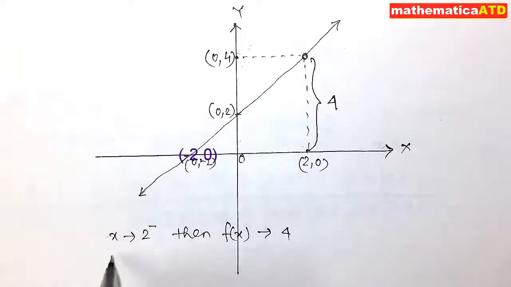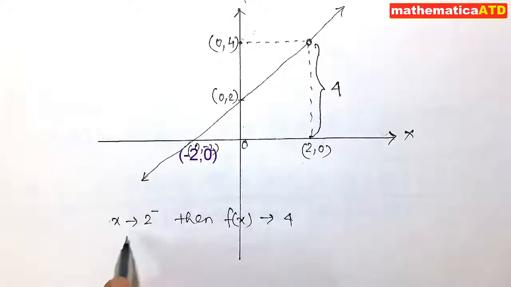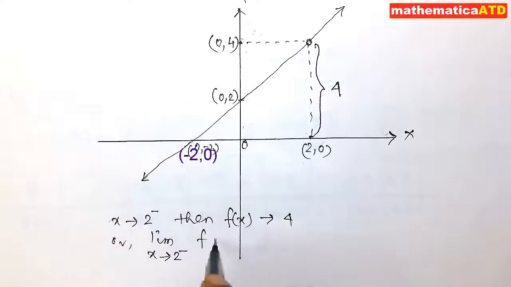So we can write that limit x tends to 2 minus of f(x) is equal to 4, or the left hand limit of f(x). We change this color.